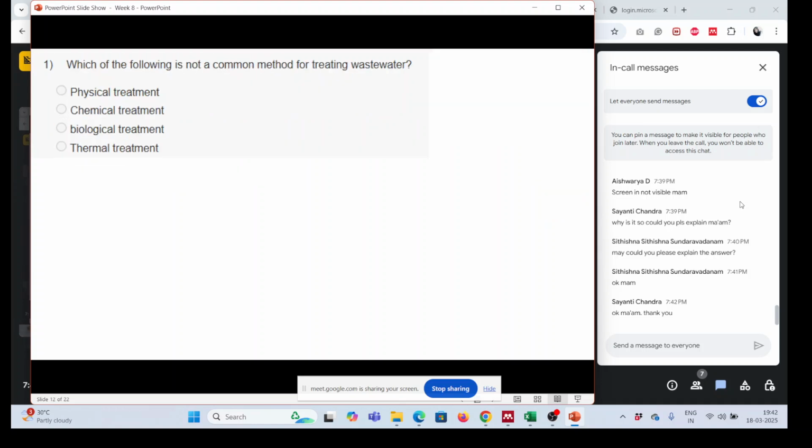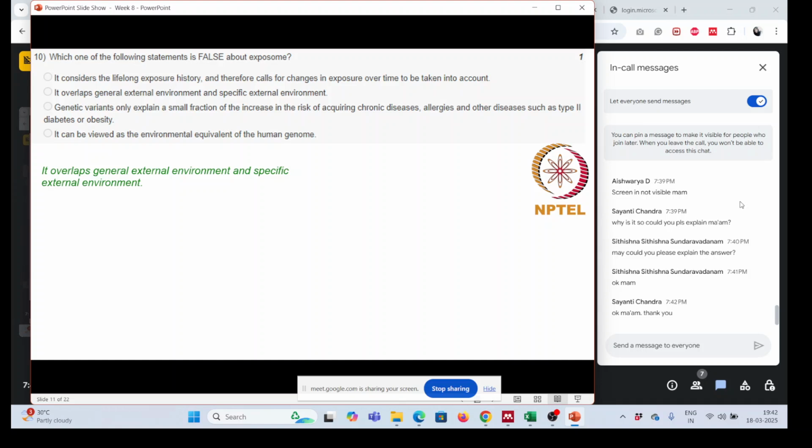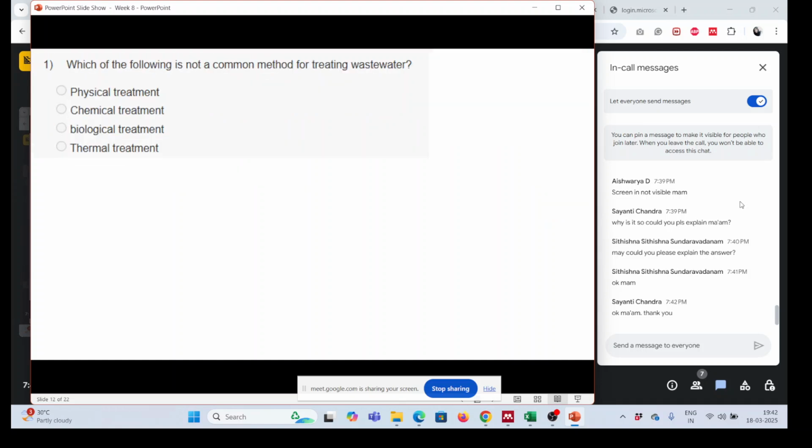So this was all part A of week 8. Now comes part B. Which of the following is not a common method of treating wastewater?